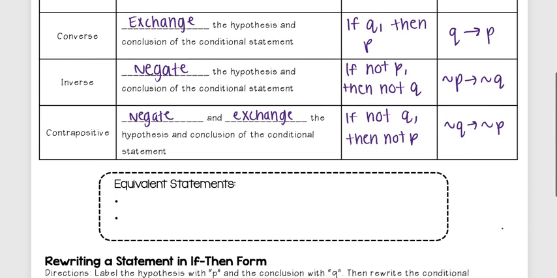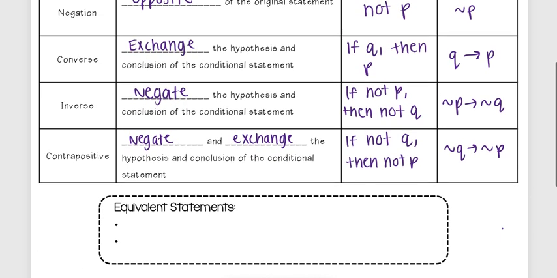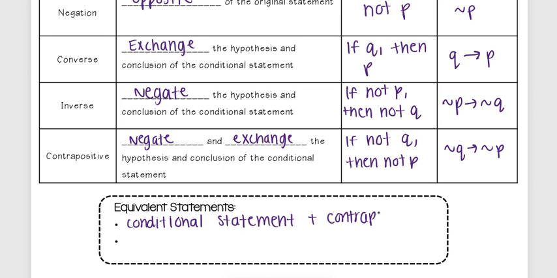And so these actually have some equivalent statements here. The ones that will always be equivalent are the conditional statement and contrapositive. And then the inverse and converse will always be equivalent as well.